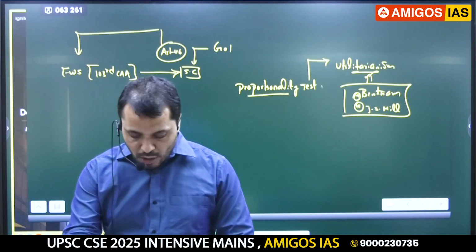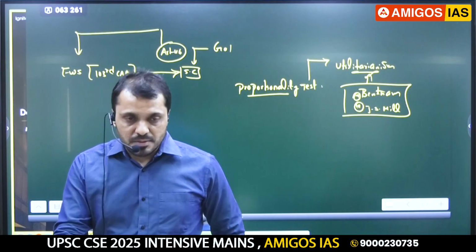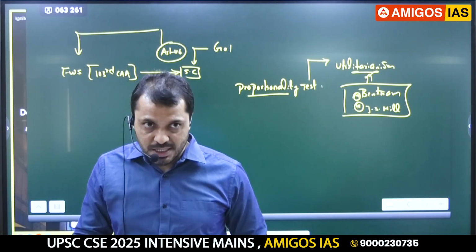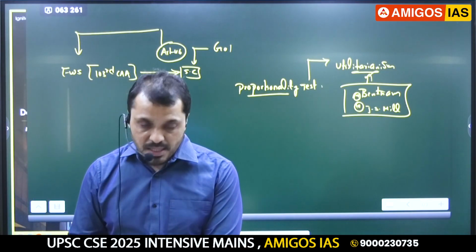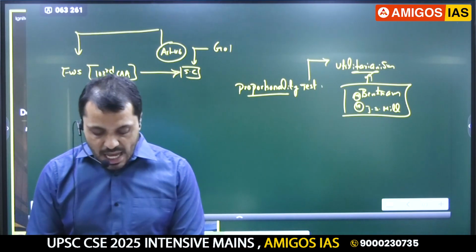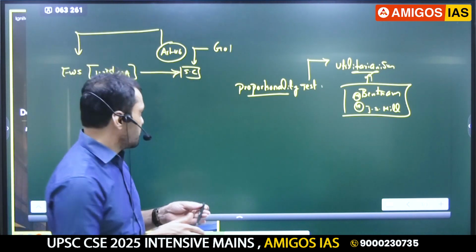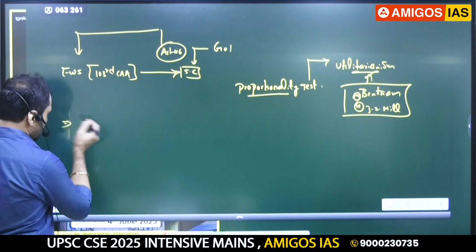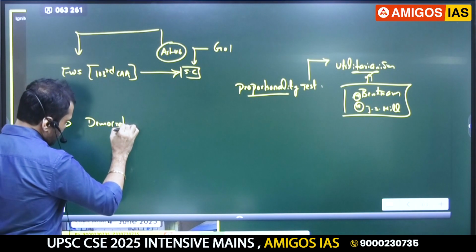And finally, the conclusion: the constitutional amendment process evolved from rigidity to flexibility without losing the core identity, and it tried to balance democratic resilience as well as the aspirations of a dynamic society. Try to use these two words in your conclusion.